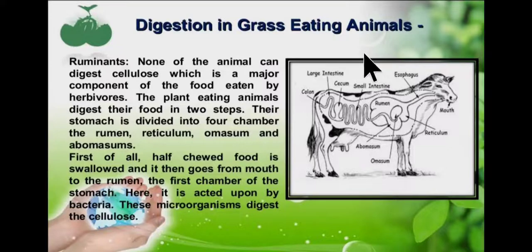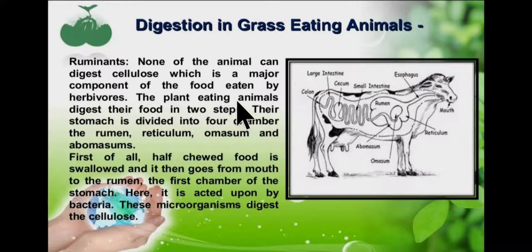Now the next topic is digestion in grass-eating animals. They are also called ruminants, for example, cow. No animal can digest cellulose, which is a major component of the food eaten by herbivores.